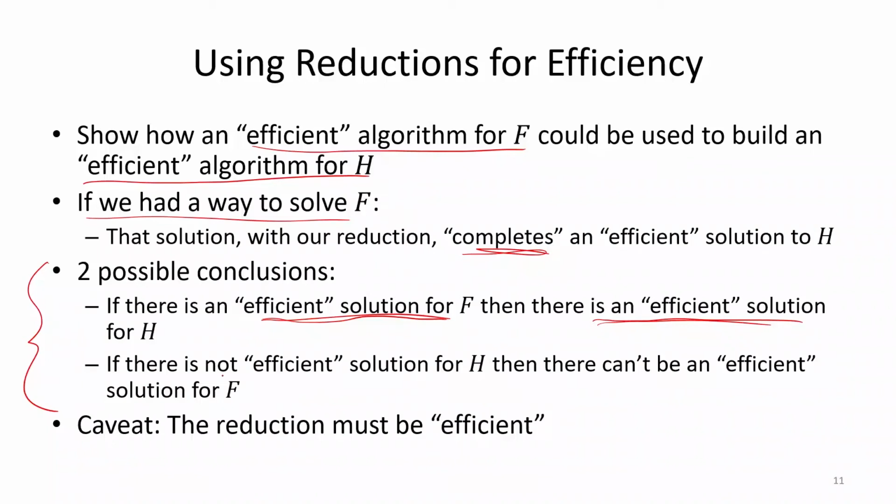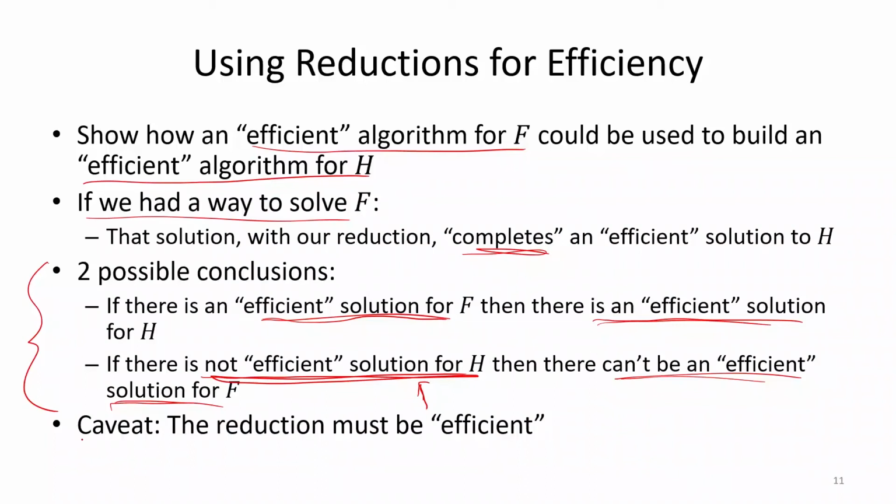If, on the other hand, I showed that there is not any efficient solution for h, there is no way that I could ever efficiently solve h, then I'm going to be able to conclude that there can't be any efficient solution for f either, because f was the only piece missing from providing an efficient solution for h. So we can use these reductions in two different ways.